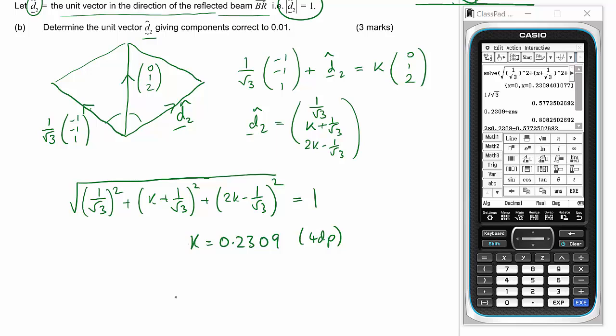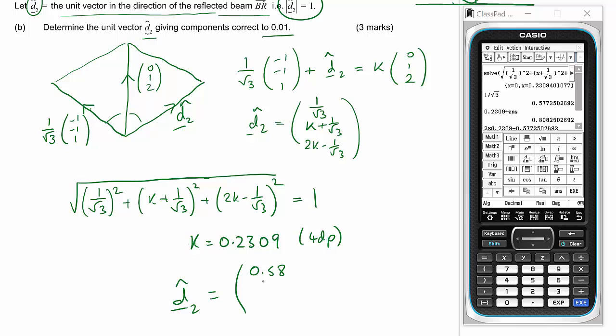And that leaves our vector, d2 hat. Now we were supposed to give these correct to 0.01, which means we want decimals. So this one is just 1 over root 3, which I've calculated, and we can see to 2 decimal places that's 0.58. And then for the next one, it's going to be k, which is our 0.2309, add 1 over root 3.